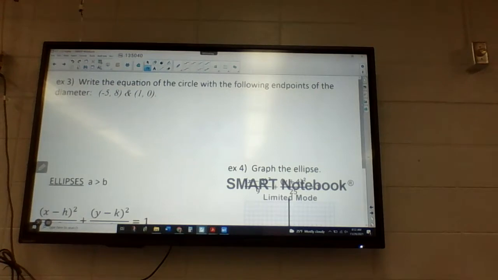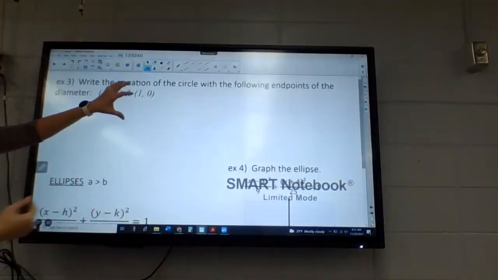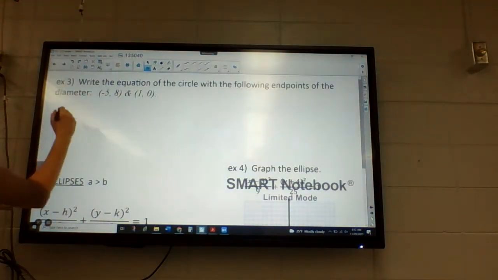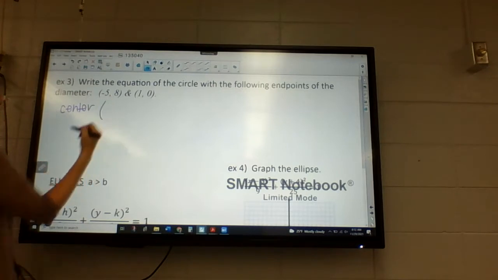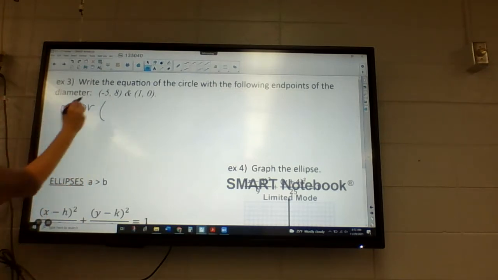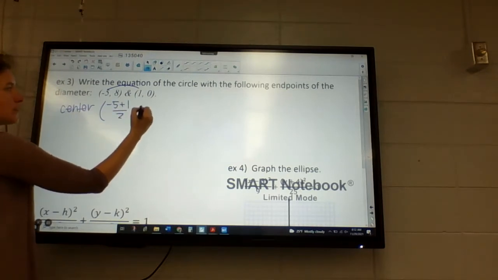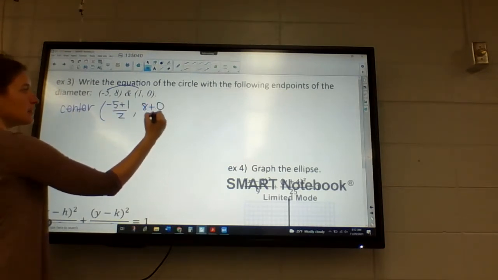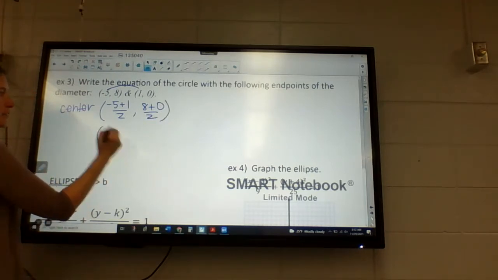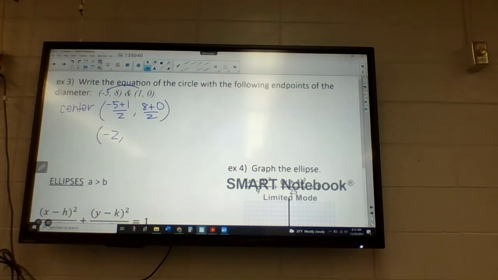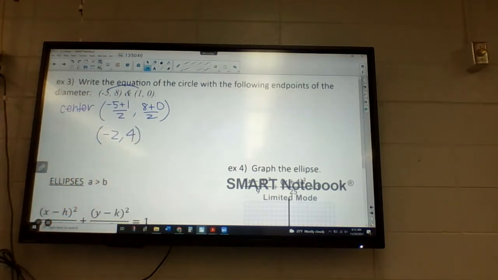You could graph it and eyeball the middle, but the midpoint is what we're looking for here. We're trying to find the center, and the way we find the center is just finding the midpoint of these two. So negative 5 and 1 divide by 2, and 8 and 0 divide by 2. I get a negative 2 because negative 4 divided by 2, and then 8 divided by 2, which should be 4. So now we found our h and k.